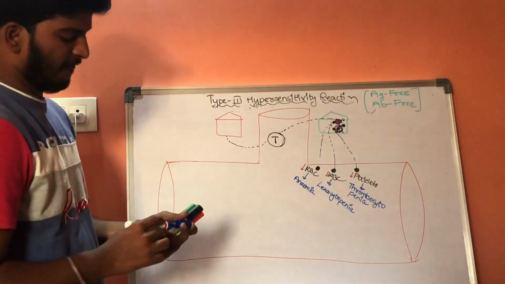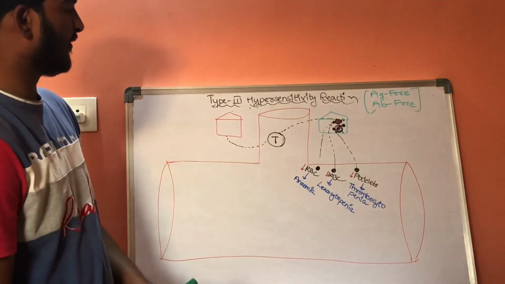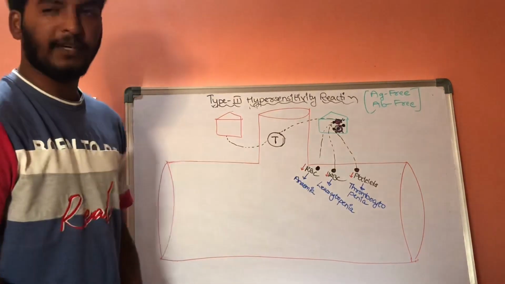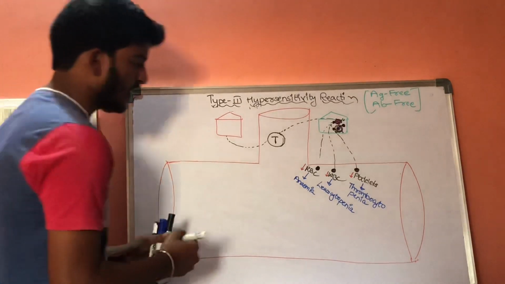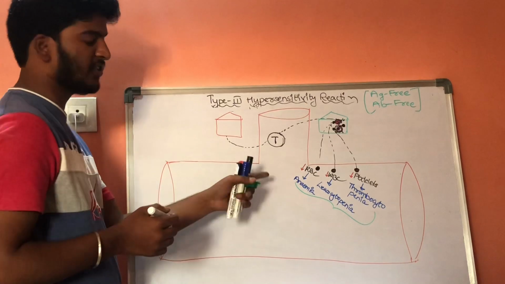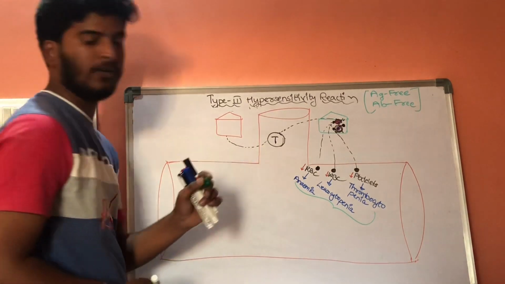When a person suffers from anemia, leukocytopenia and thrombocytopenia together, it is called pancytopenia.